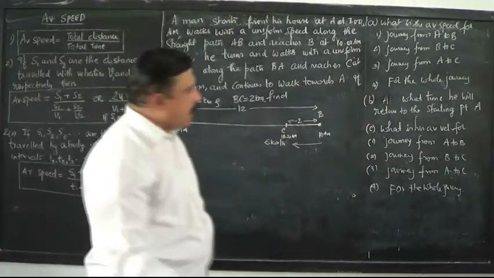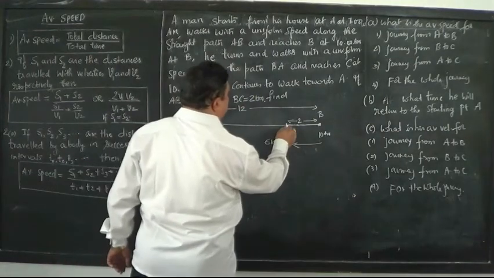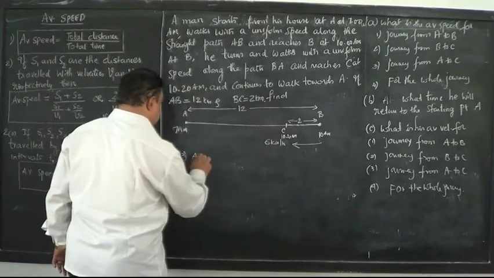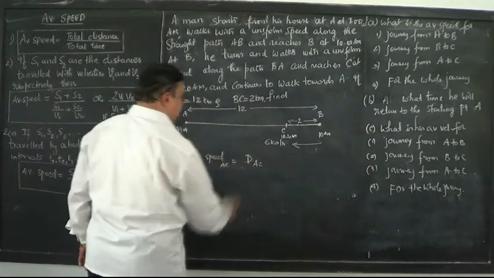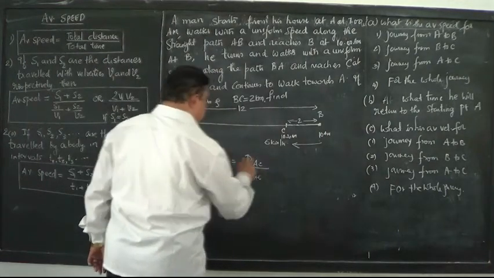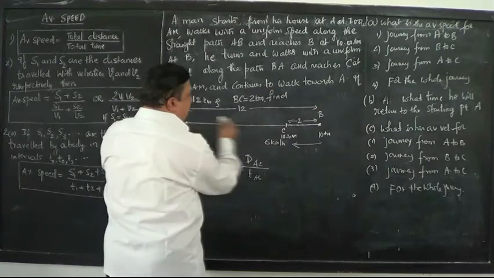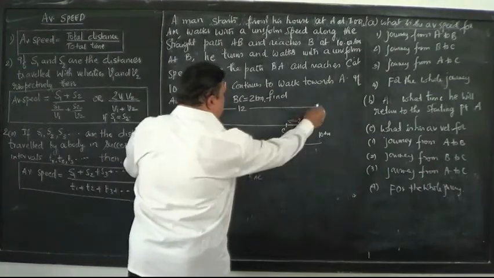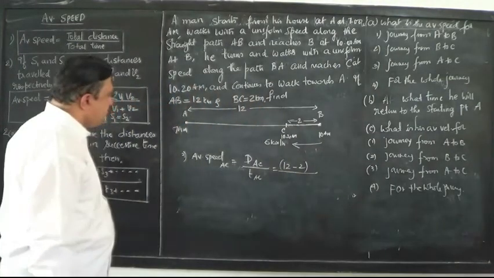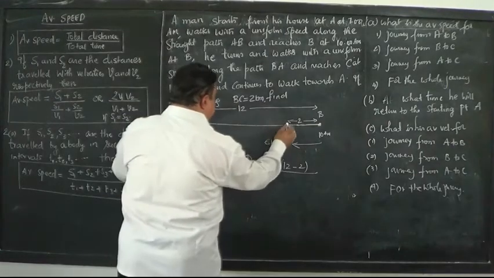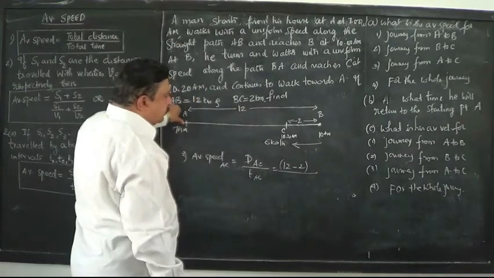The next thing, the average speed from A to C. That is distance A to C over time A to C. We know that the distance from A to C is 12 minus 2. Now the time taken by the person to reach from C to this point A. Okay, so how many kilometers does he have to walk?